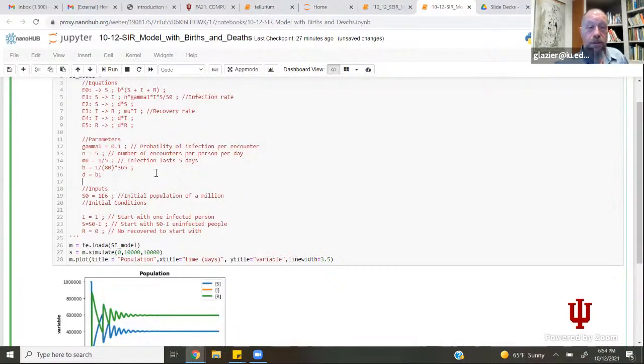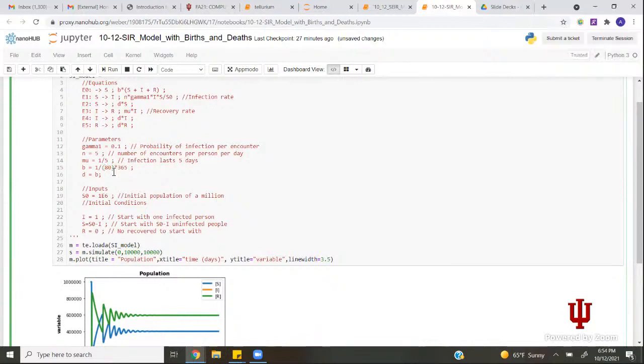No, that won't work. You want to divide by 80 years in days. Okay, let's try that.